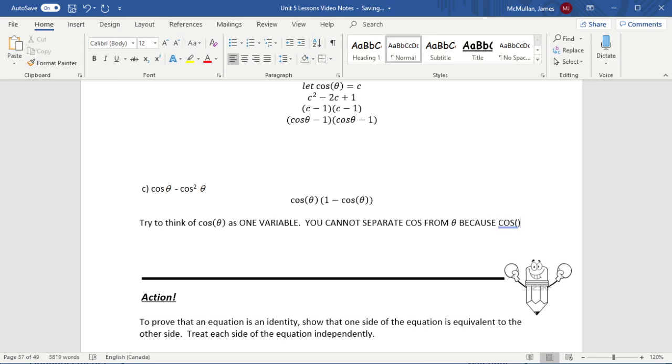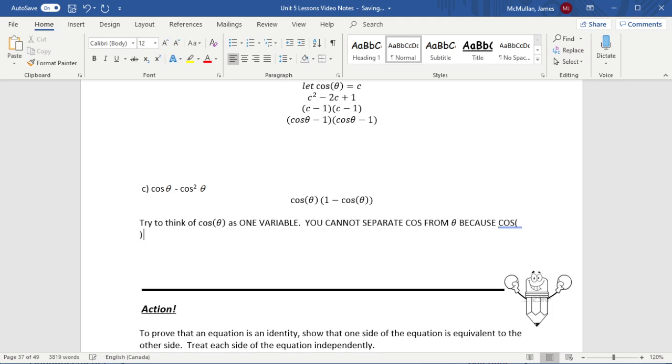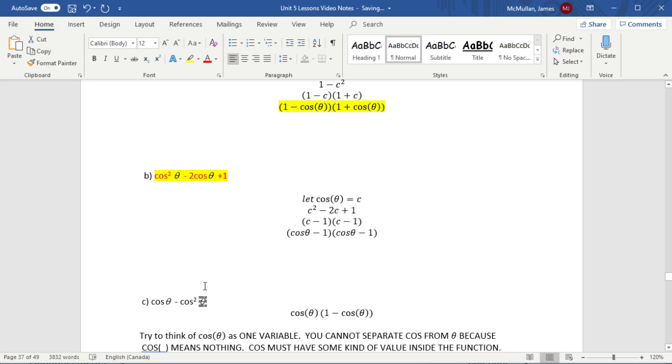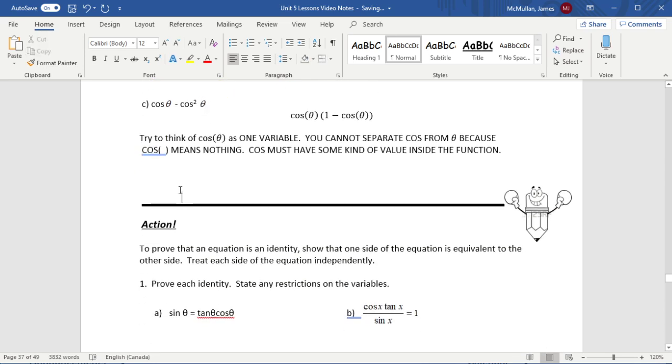It requires something to go into it in order to have meaning. Cos of a blank, cos blank means nothing. Cos must have some kind of value inside the function. Otherwise, it doesn't mean anything. Okay? So you cannot take theta. You're almost never working with theta in these questions. You're always working with cos theta. Try to think of cos theta as one object.